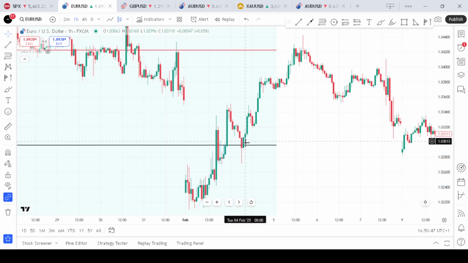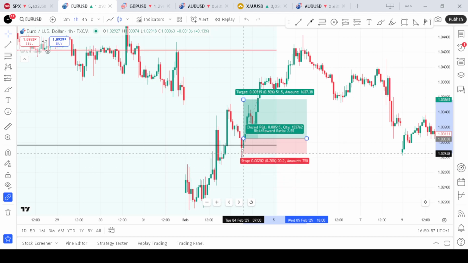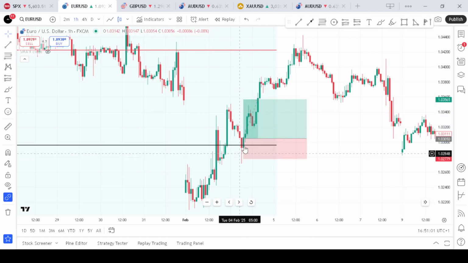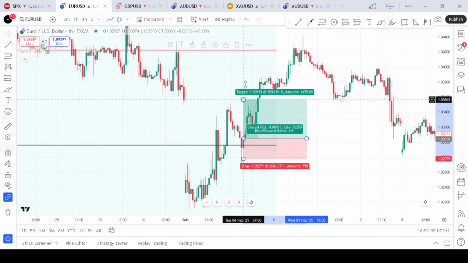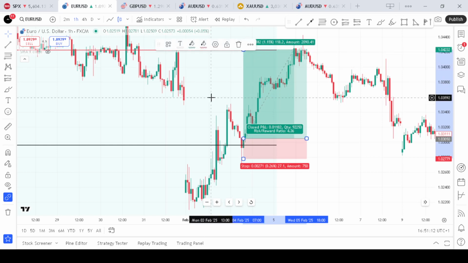When price has come back to retest this support area, we can enter our buy position. When price has retested and is about going, we enter our buy position, put our stop loss just below the support area, this low volume node, and we can trade in alignment with the direction of the chart.